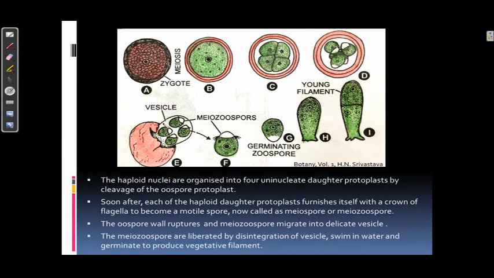That vesicle will rupture, liberating the meiozoospores. These meiozoospores now get free and they attach on a substratum by their anterior end, which is then followed by secretion of the wall, absorption of the flagella, and formation of the new plant.